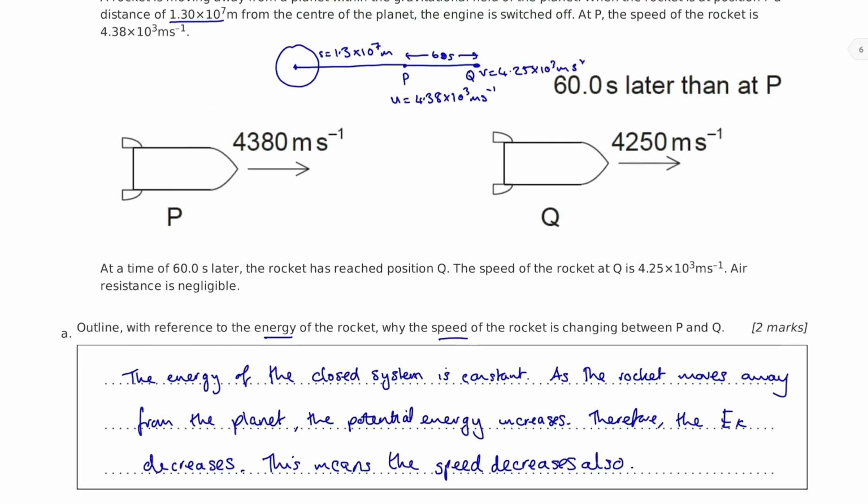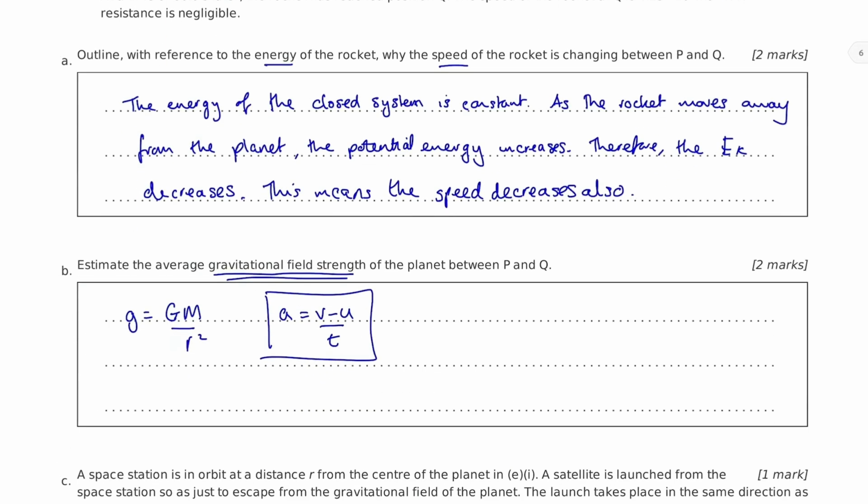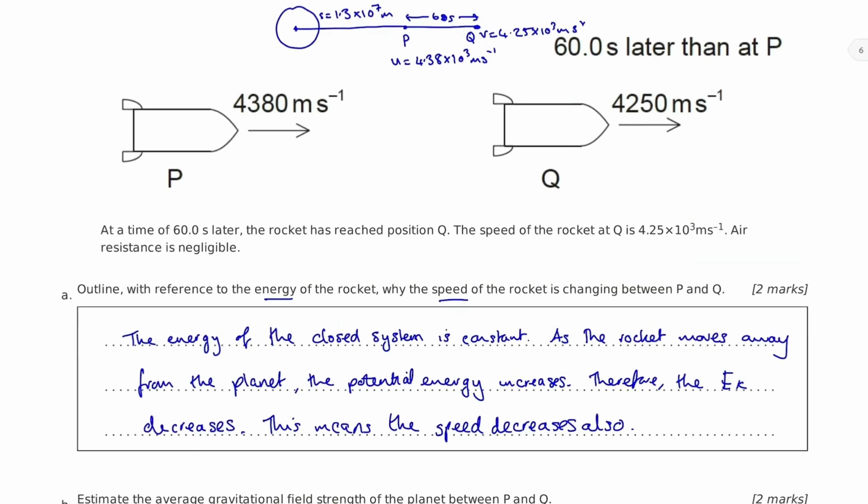We had all the values earlier, didn't we? 4.38, 4.25, 60. That's v. Oh, wait a minute, I've done that round the wrong way. The final speed was 4.25.